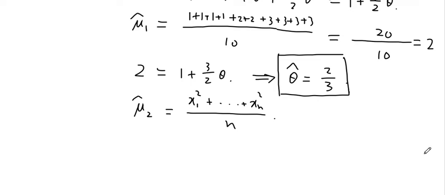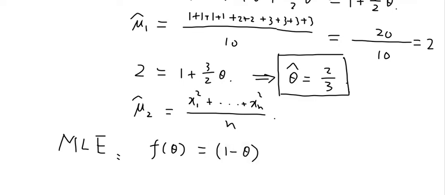Okay. So then, what is MLE? MLE, let's say what is the likelihood function. So f theta, we remember this is equal to 1 minus theta. This is the probability for 1 to appear.